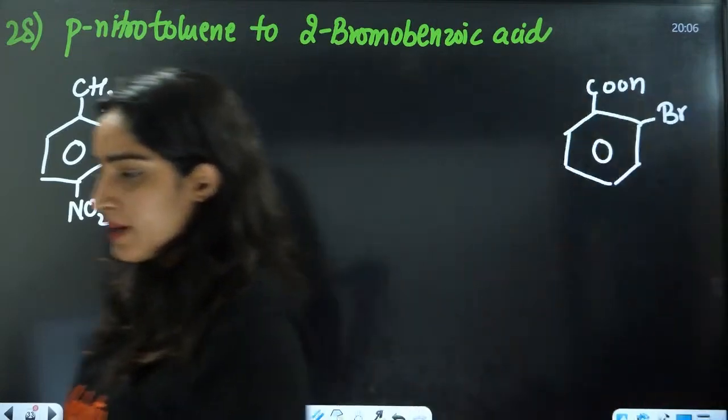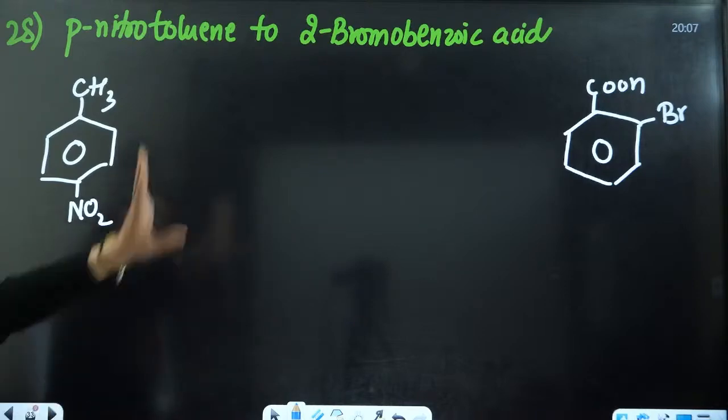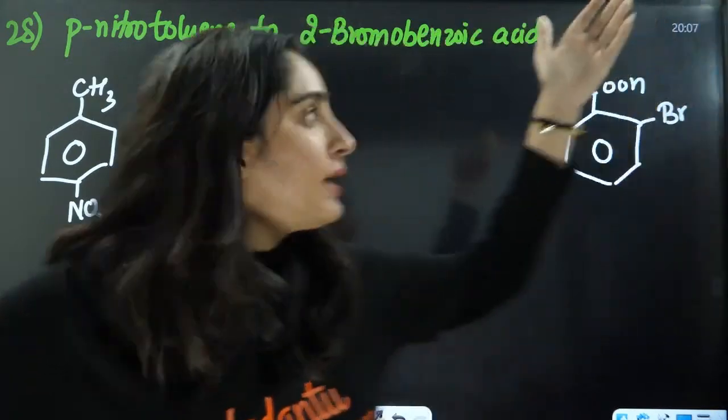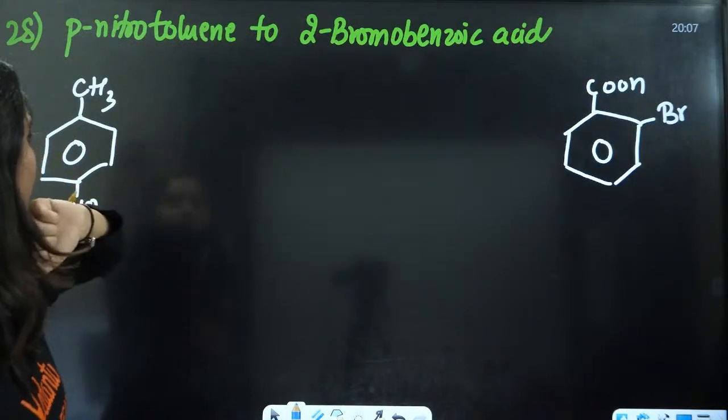This is a long step, right? I want all of you to give me some hint on this. Para-nitrotoluene to 2-bromobenzoic acid.